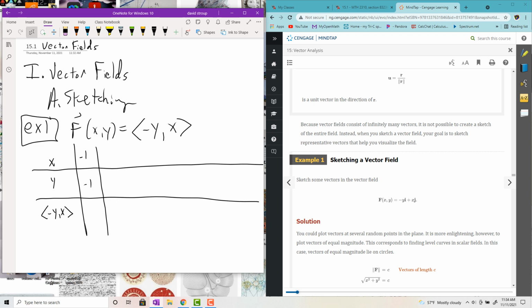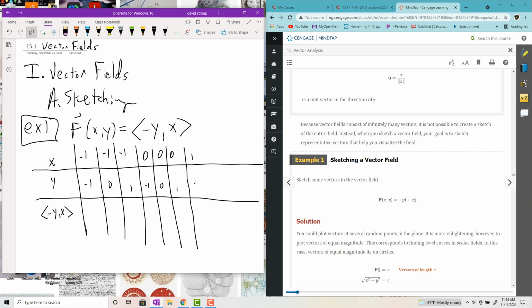So I'm going to pick 9 points around the center: negative 1, negative 1; negative 1, 0; negative 1, 1; 0, negative 1; 0, 0; 0, 1; 1, negative 1; 1, 0; and 1, 1.